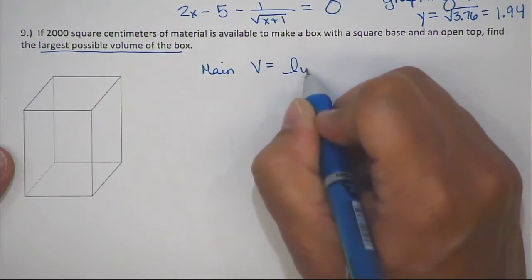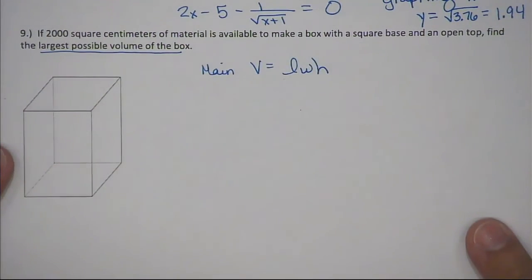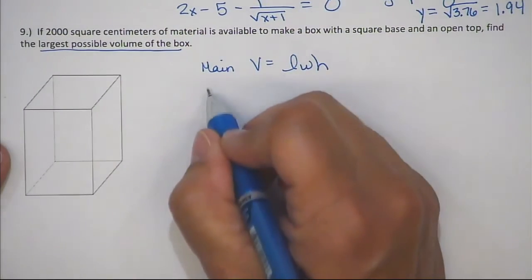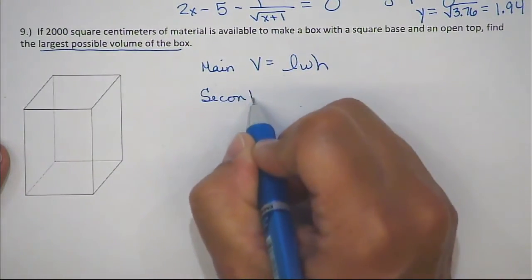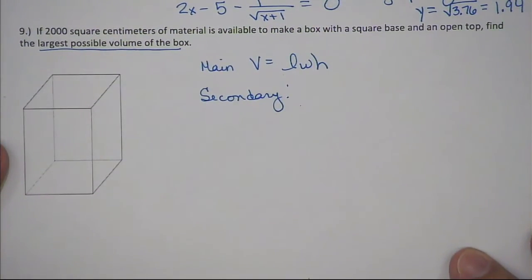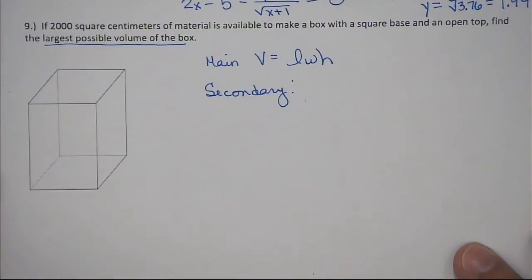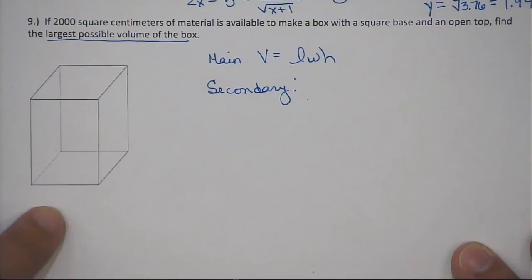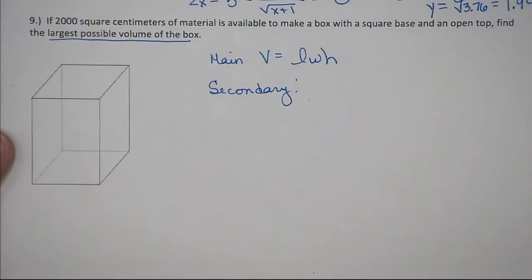Again, we started with this, length times width times height. Our secondary equation is the surface area. So we have 2,000 square centimeters to make this box that has a square base.